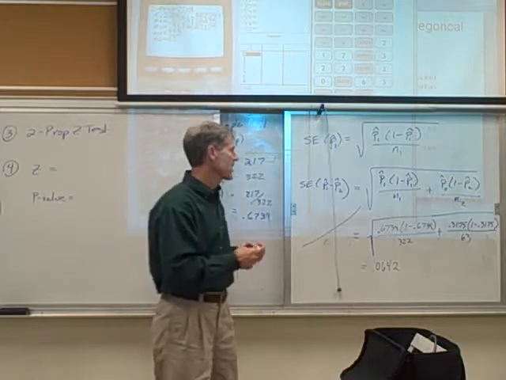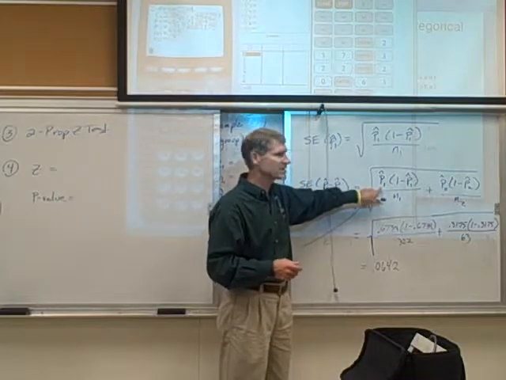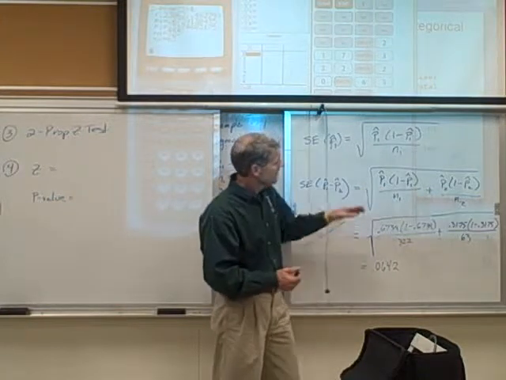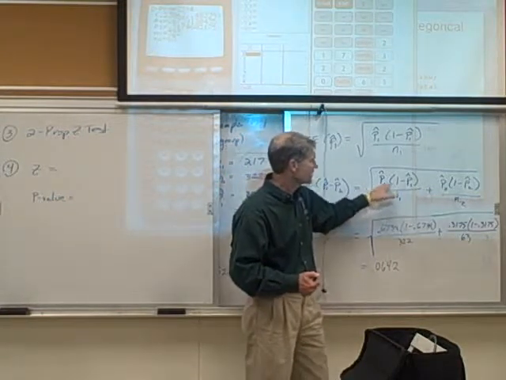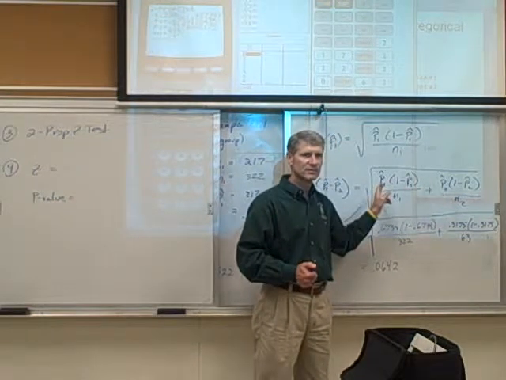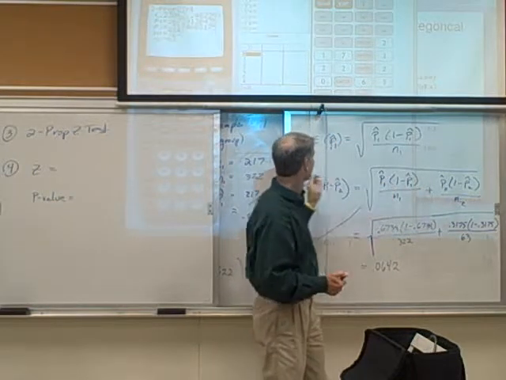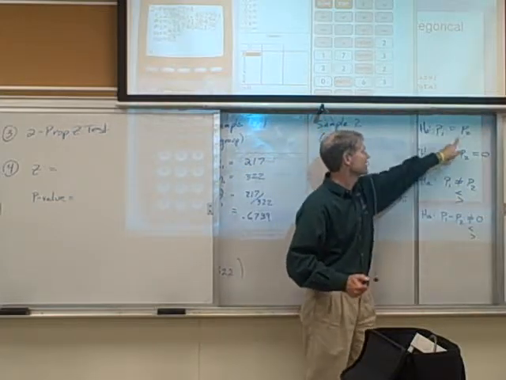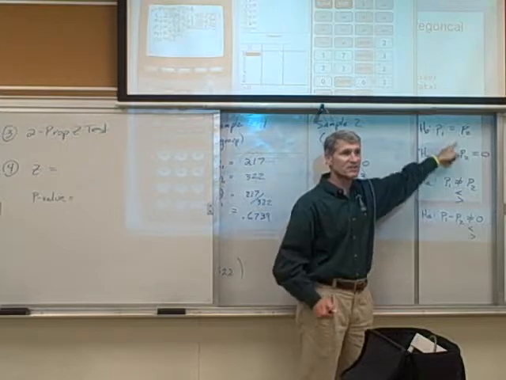So for a 1-sample problem, we put in p sub 0, the null hypothesis. Well here, I don't have values that I can plug in for P1 and P2 from my null hypothesis, right? This doesn't tell me what P1 and P2 are, it just says they're the same.